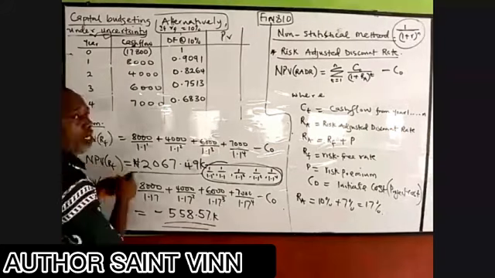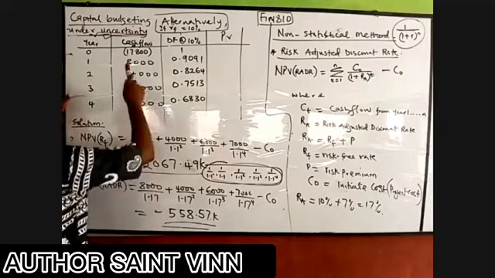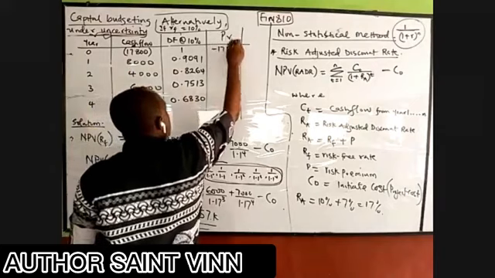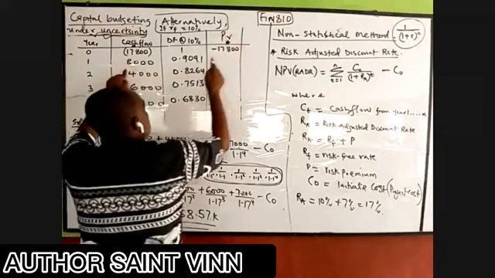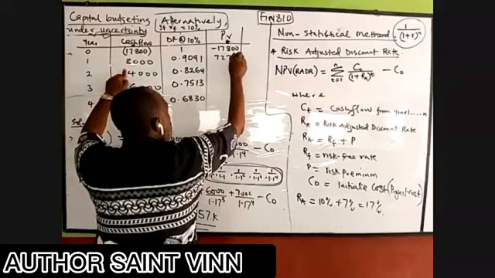Are we there? So we can now multiply. This will be minus 17,800. 7272 point what?